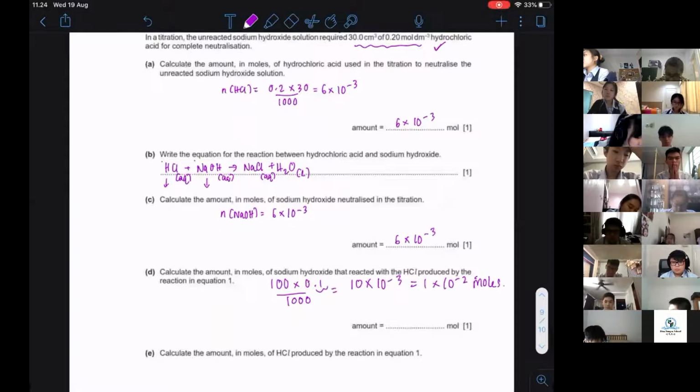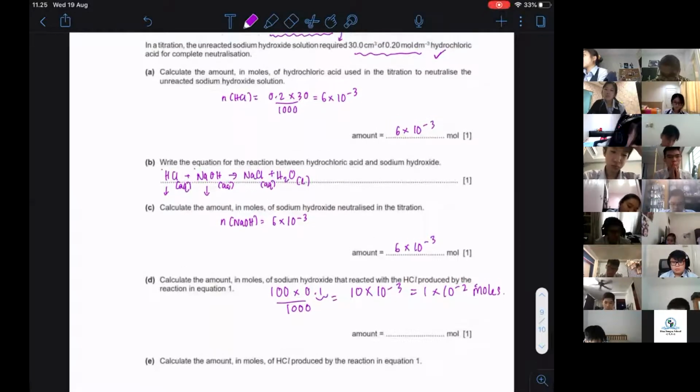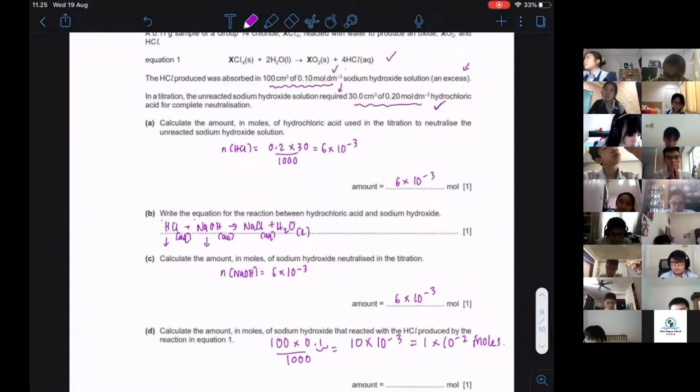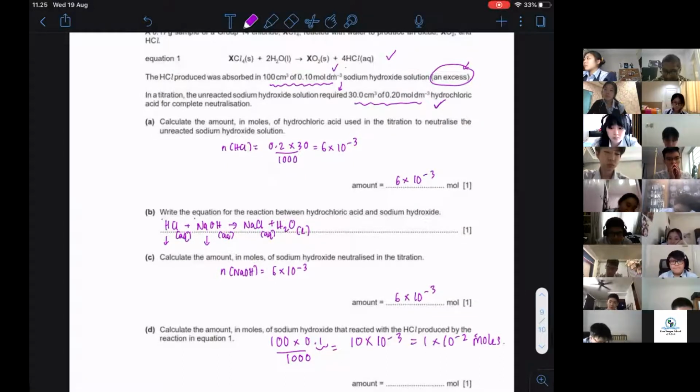So they want the sodium hydroxide that reacted. This is the overall, this is the excess, that didn't react.